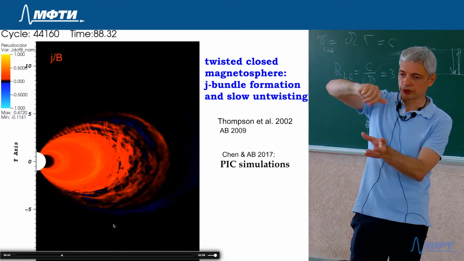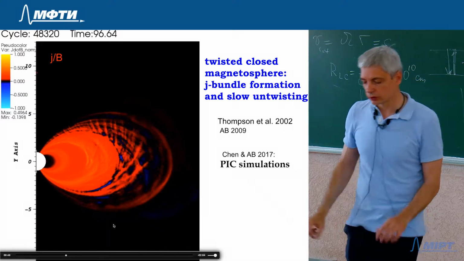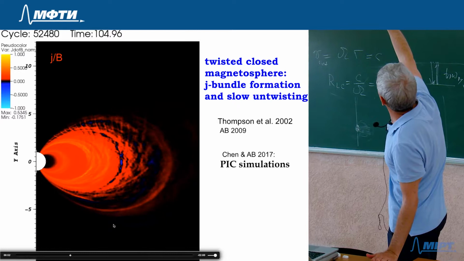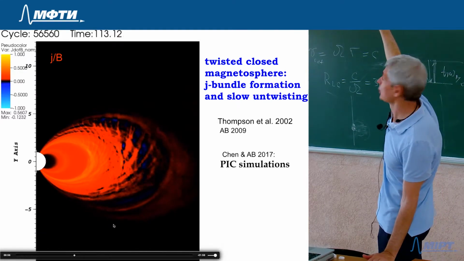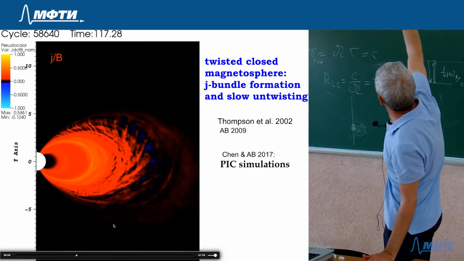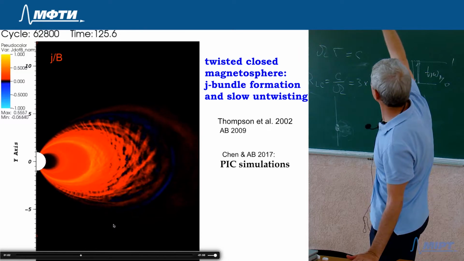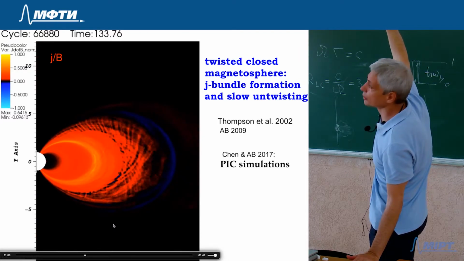Then you stop this twisting motion and you wait. And as you wait, you begin to notice that there is this black cavity. Of course, the white circle is again the neutron star. And next to it, inside this bundle of field lines with electric current J, this J bundle, there is a growing cavity. You see how it grows more and more with time, slowly.